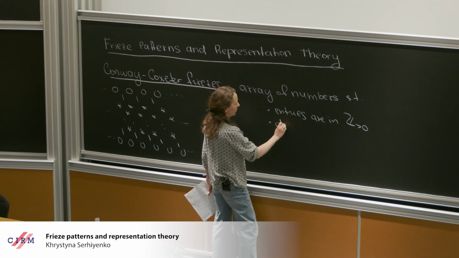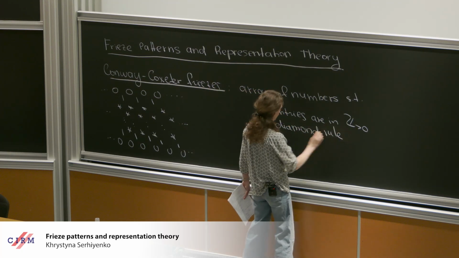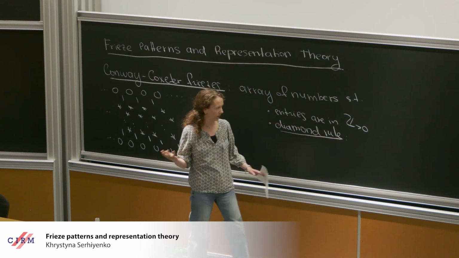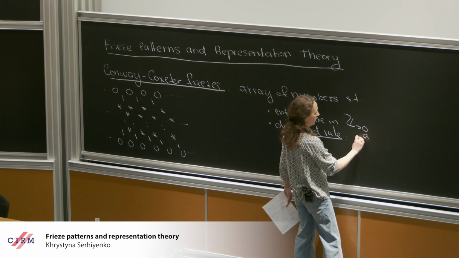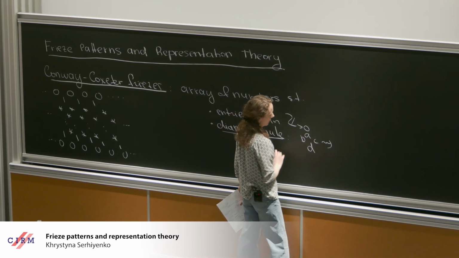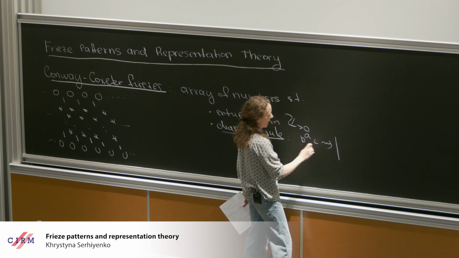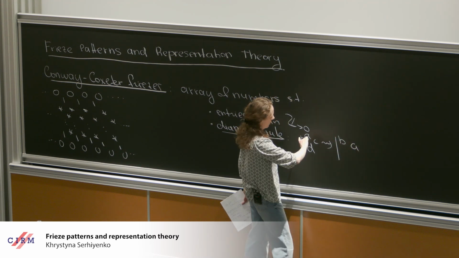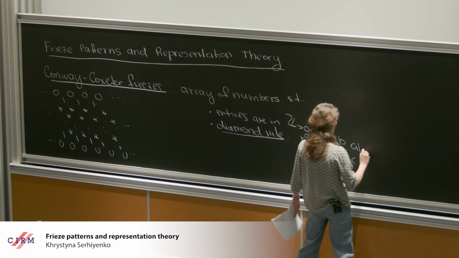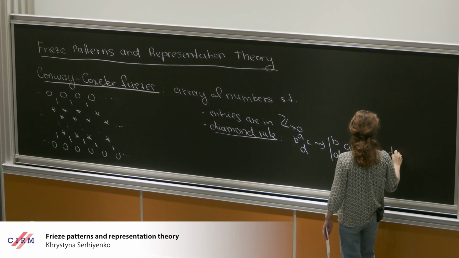Then we have the famous diamond rule. Whenever we have a diamond, with neighboring entries A, B, C, D, I think of it as a matrix: I turn it sideways, this becomes my first row, this becomes my second row, and the determinant, which is BC minus AD, is 1.